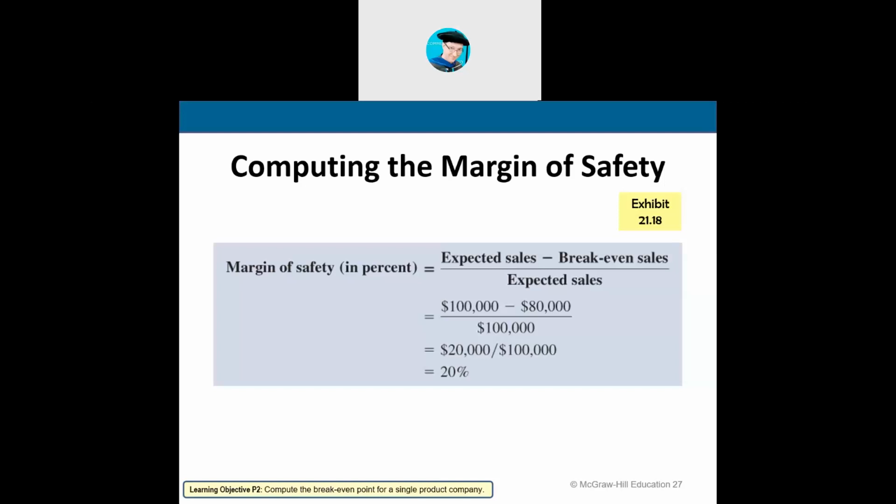So expected sales minus break-even sales dollars, divided by my expected sales, gets me 20%. 20,000 divided by 100,000 is 20%. 20% is my margin of safety. Think of it like a cushion. I want to sell 20% above my break even to feel safe. Margin of safety.